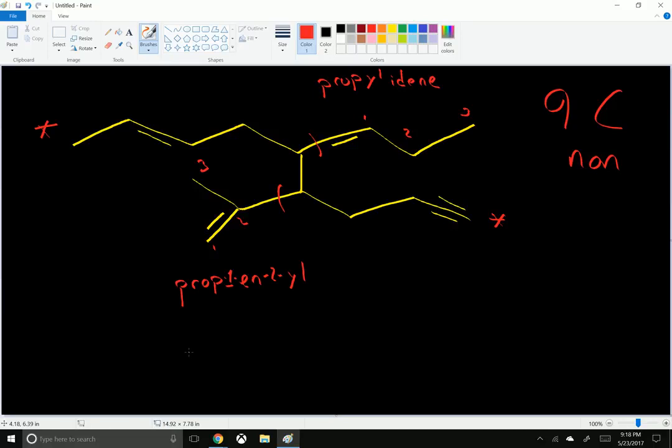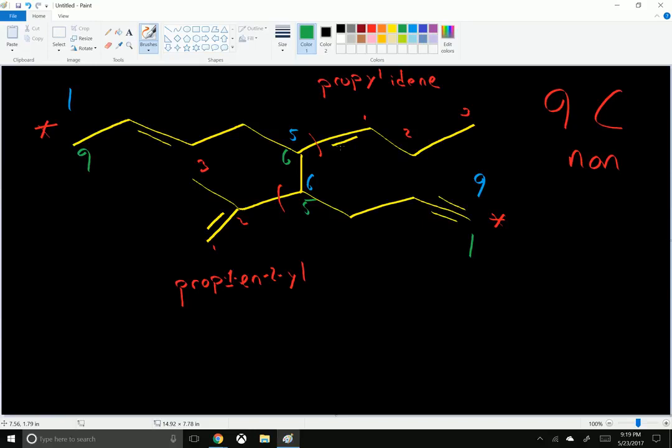Now we have to come up with the numbering for this chain. Is it going to be 1 to 9, or is it going to be 9 to 1? Well, let's see, 1, 2, 3, 4, 5, 6 versus 5 and 6.